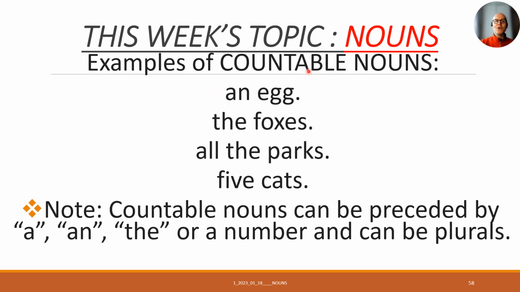Some examples of countable nouns: an egg, the foxes, all the parks, 5 cats. Countable nouns can be preceded by the articles a, an, the, or a number, and they also can be plurals.